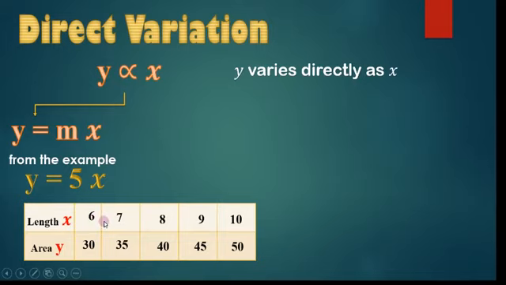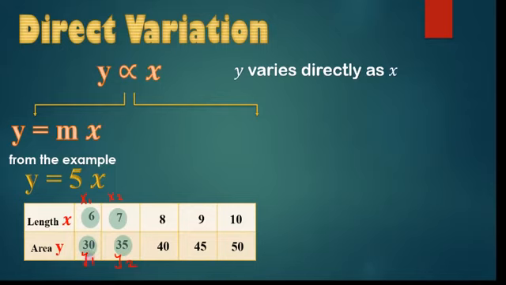Now I'm going to explain the other rule. I will choose two different values for x and two different values for y, like this. I will call this x1, this x2, this y1, and this y2.